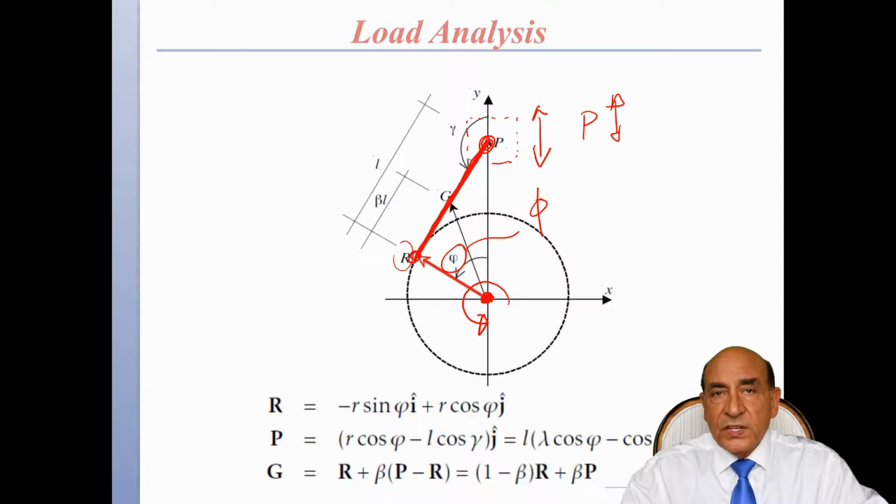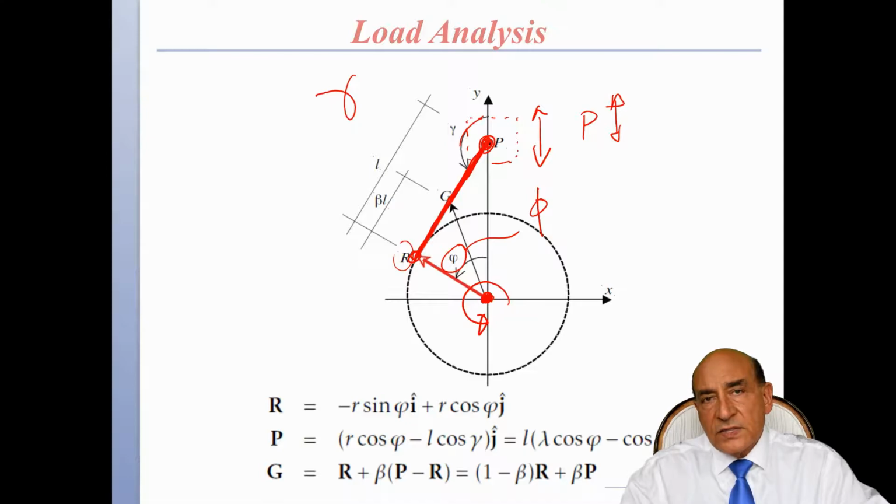And you note now, because of the constraint of P, that the angle between the vertical Y and the rod is gamma. So gamma here is related to phi.